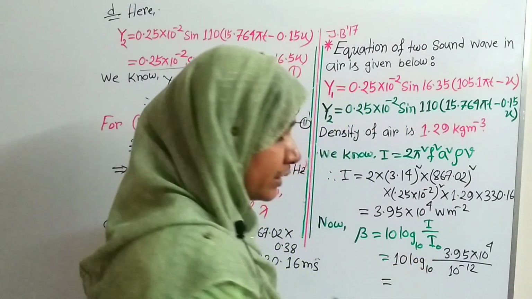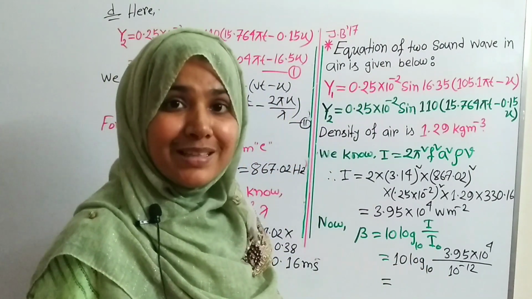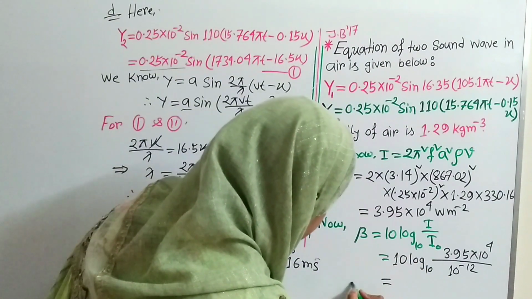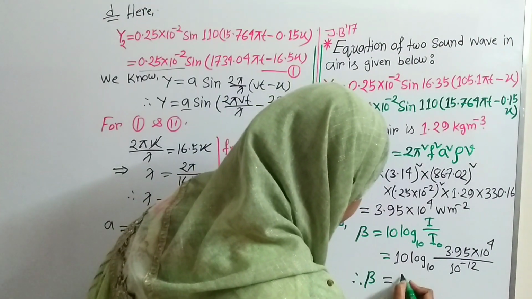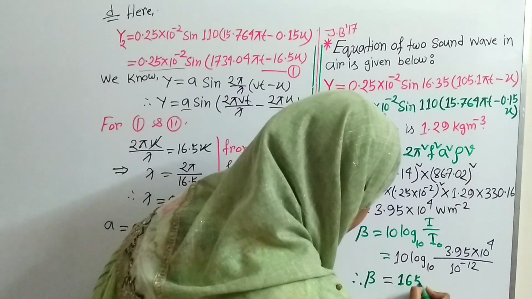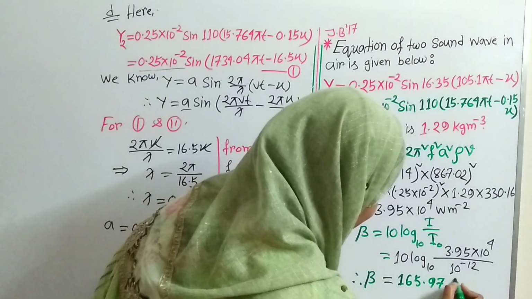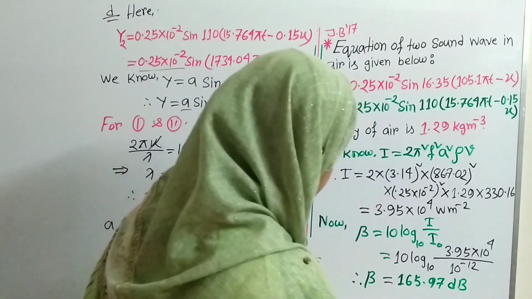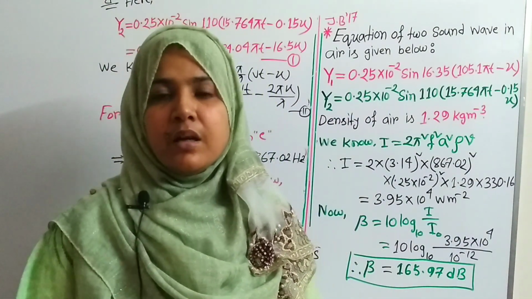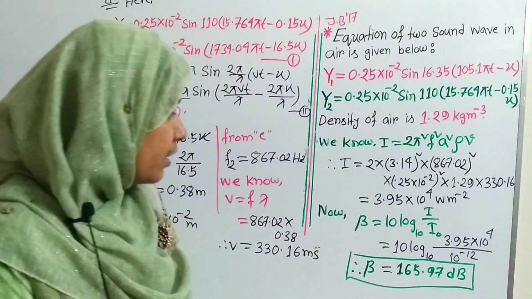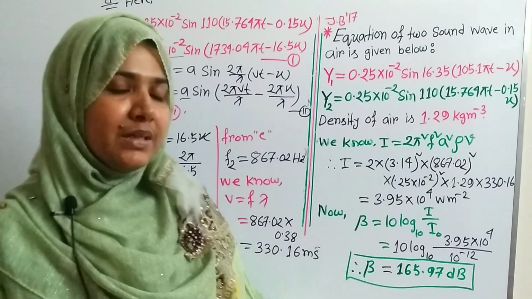So after calculating it, you will get the value of intensity level, or the value of beta is 165.97 decibel. So we get the value of intensity level for the second wave as 165.97 decibel.